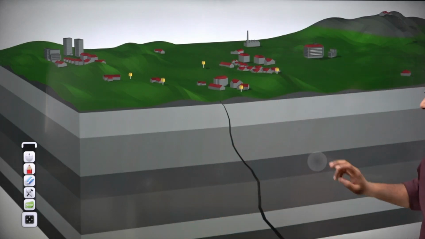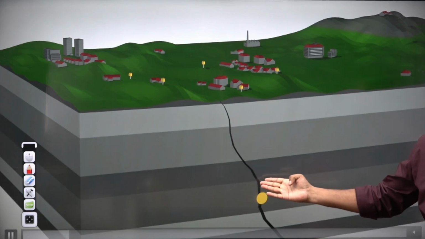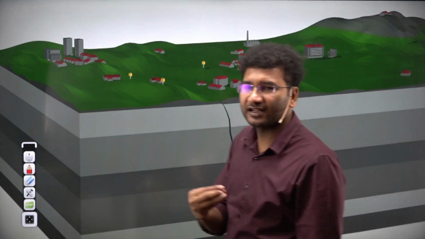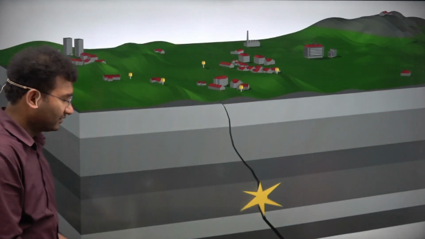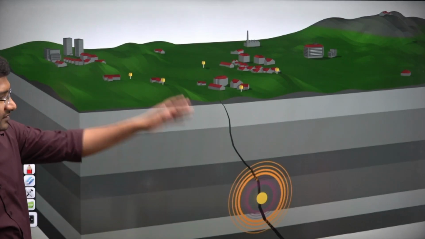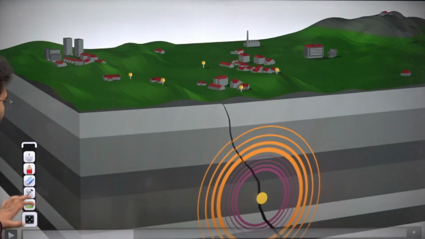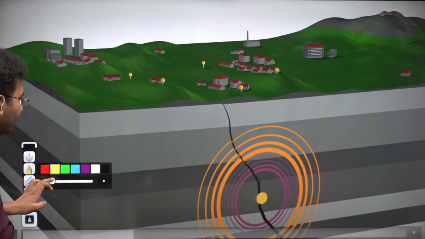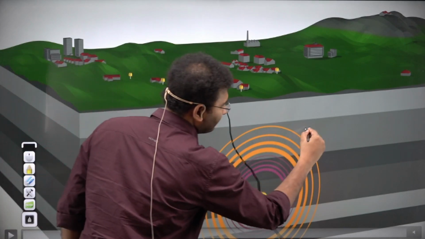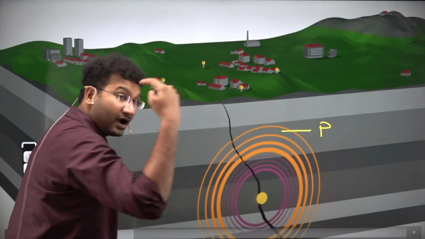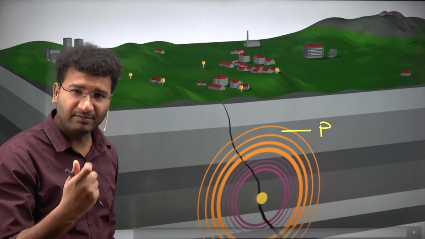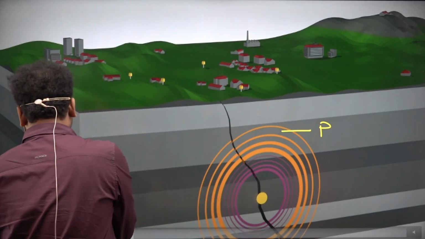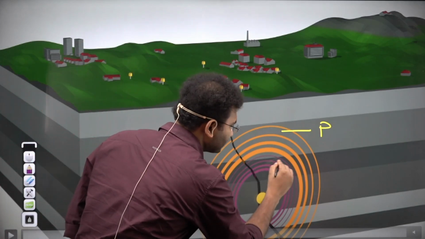So imagine that there is an earthquake at this particular place. The first set of waves that are generated are called P waves. These P waves spread out. Let's imagine these orange color waves are the P waves. And after a second or so, after a time lag, you will get the S waves. These are your S waves.